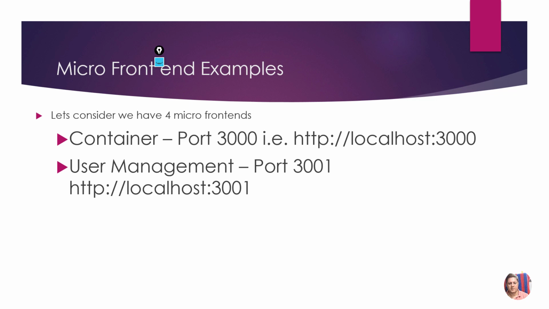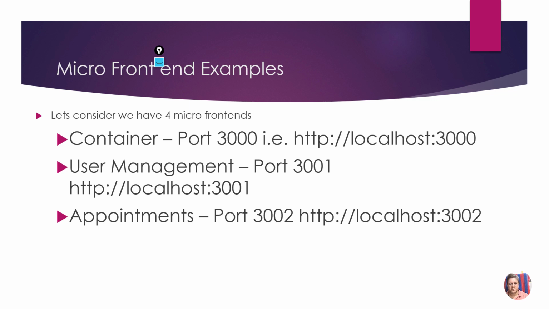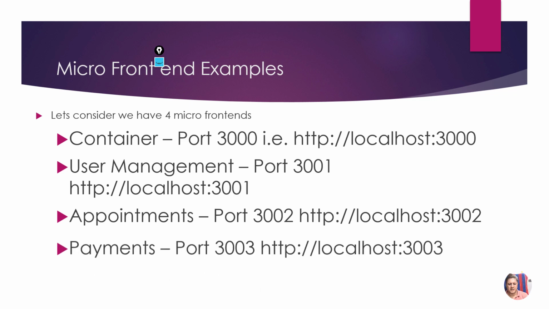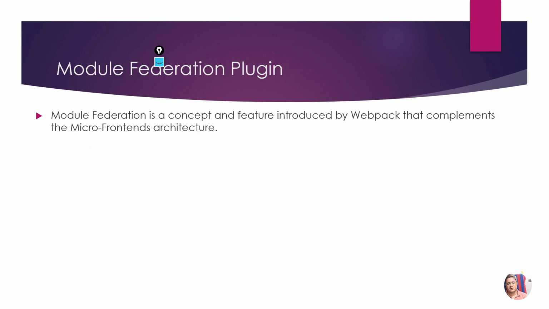The second is user management, wherein I will handle login, logout, my profile, edit profile, registration, reset password, and all that stuff. It will run on localhost colon 3001. Let's say there is an appointments module for appointment-related stuff in your application, so it can run on localhost colon 3002. And a payments module, wherein you can accept payments, credit card stuff and everything. It will run on port 3003.